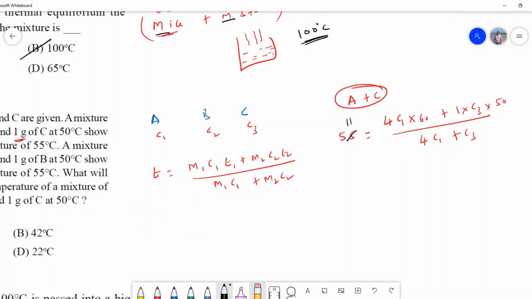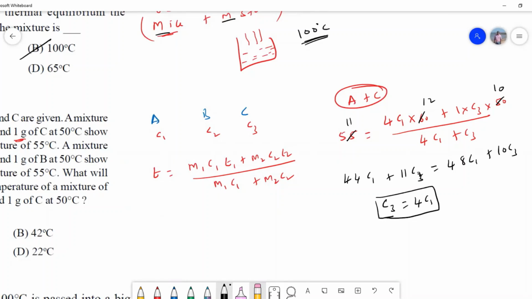So 55 times, 55 times, 55 times 10. Now we cross multiply. So 44 C1 plus 11 C3 is equal to 48 C1 plus 10 C3. So from this it's very clear, C3 is equal to 4 C1. Let us take this relation.